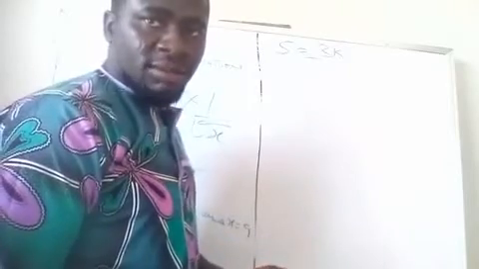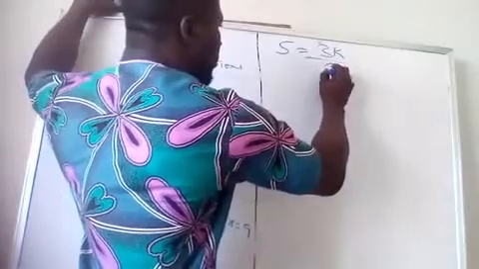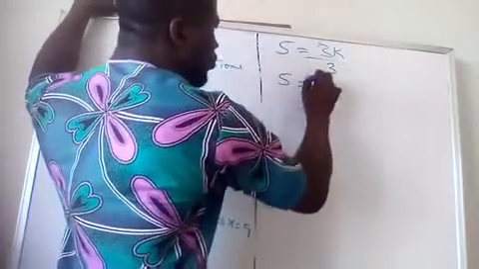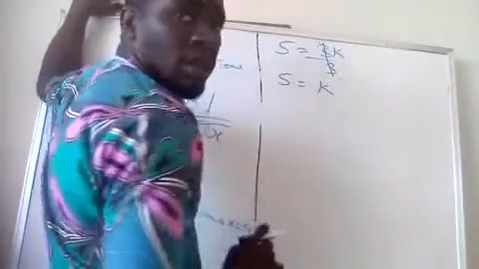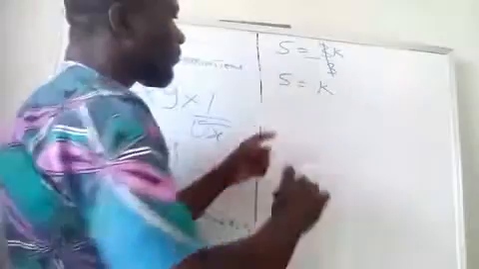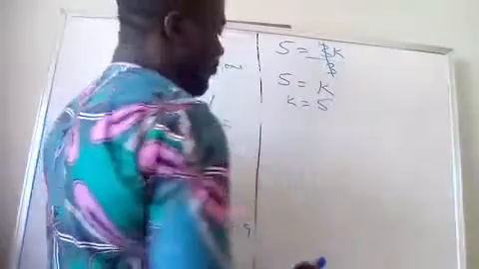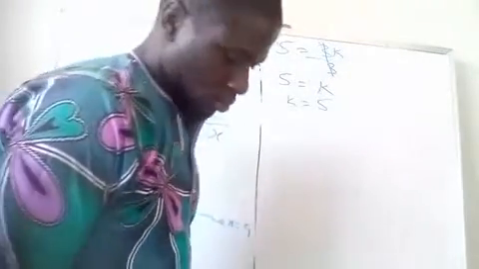The number is 3. 3 times 3 is 9. So the square root of 9 is 3. So from here 5 is equal to 3K over 3, we cancel 3. You are left with K. K is 5. K equal to 5. So we go to the second phase of the question.